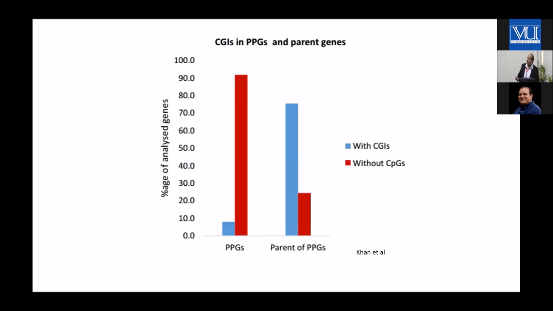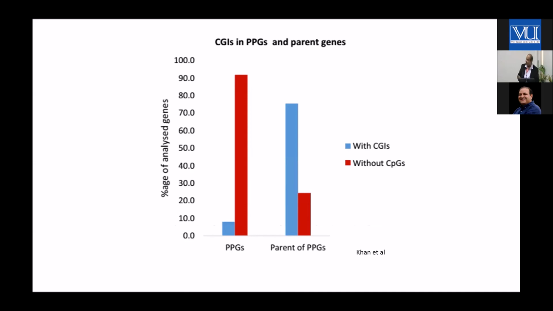Of course, if it's a consequential event, what is meant by consequential? After the process of pseudogenization, the gene will lose the CpGs, as a consequence. The loss of CGIs is not leading to pseudogenization, it's the other way around. And this is what we saw here.